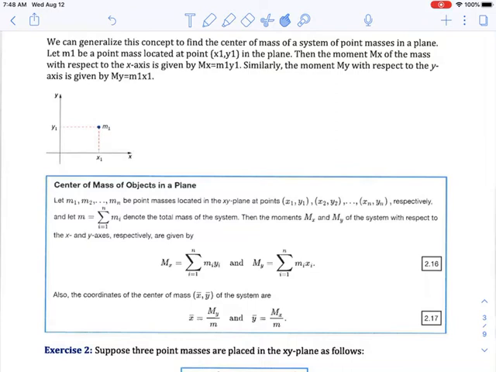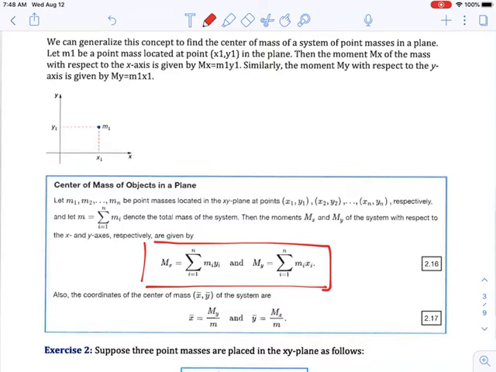Now, what's going to be a little bit different is calculating the total moments. Once again, if you want a complete development of this idea, go to the textbook, and they spend considerable time developing these formulas right here. But I'm just going to cut to the chase and get to these formulas.